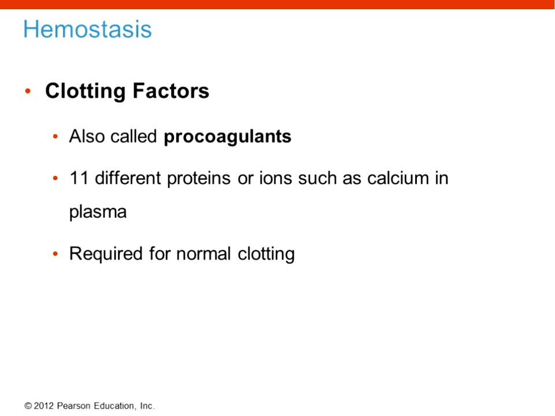So clotting factors are also called procoagulants. There are 11 different proteins and ions, such as calcium, that act as a clotting factor in the plasma. All of these clotting factors are required for normal clotting, and if you're missing any of them, or if they are malformed, then they could prevent hemostasis from taking place like it should.